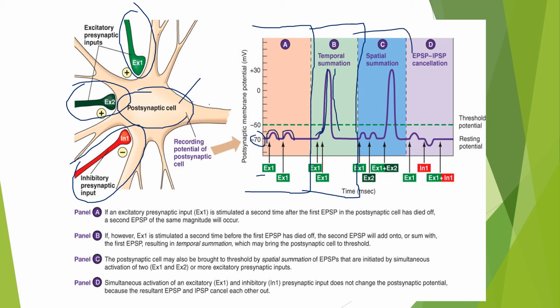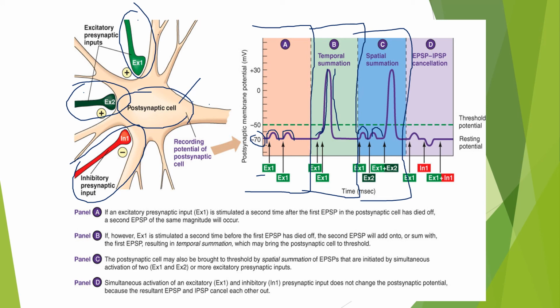Panel C here, what we have is now excitatory presynaptic neuron number 1 and presynaptic neuron number 2, where if presynaptic neuron number 1 fires and then releases its neurotransmitter, followed by excitatory neuron number 2 a little bit later releases its excitatory neurotransmitter, that alone will not generate a response.